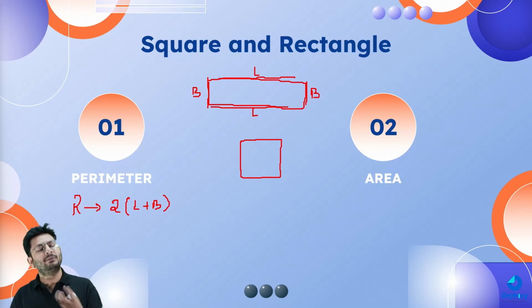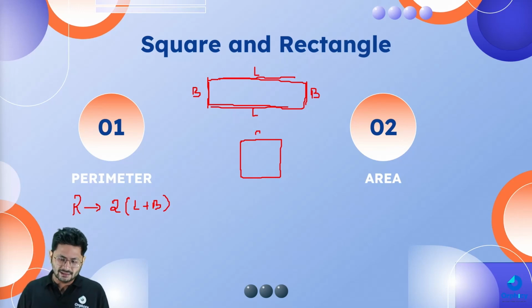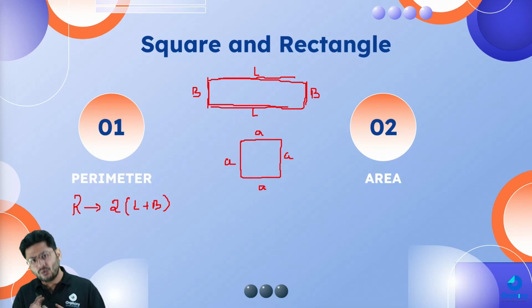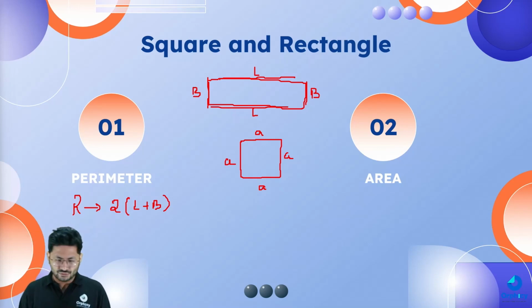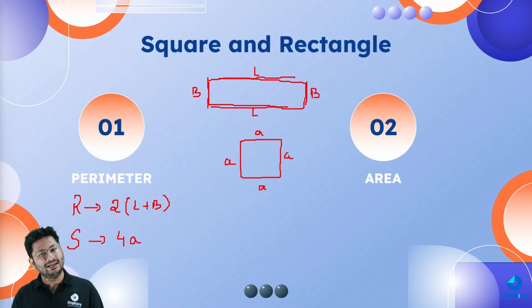And if we are talking about a square, let's say that the side of the square is A. So I have to cover A 4 times. चारों तरफ पे A है, so I have to cover A 4 times to calculate the perimeter of the square. So for square, the perimeter should be equal to 4A, where A is the side of the square, L and B are the length and breadth of the rectangle.